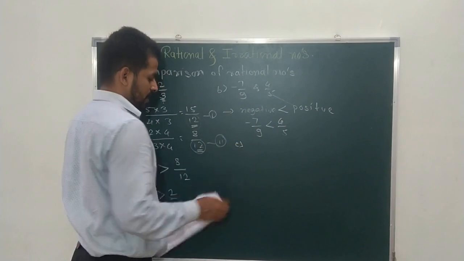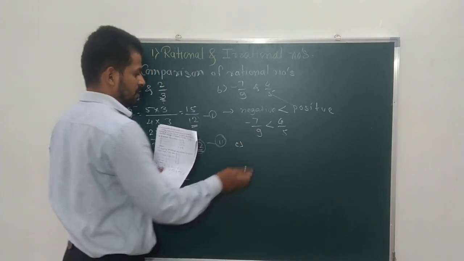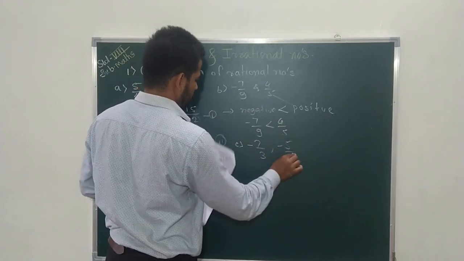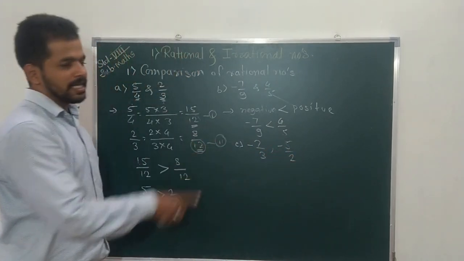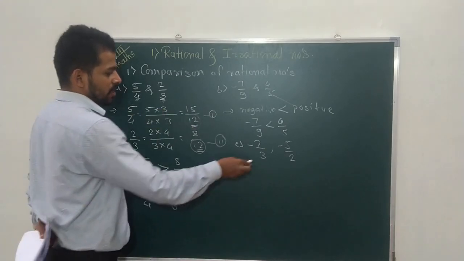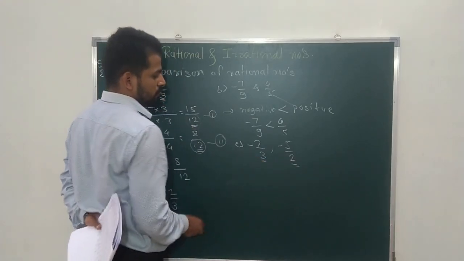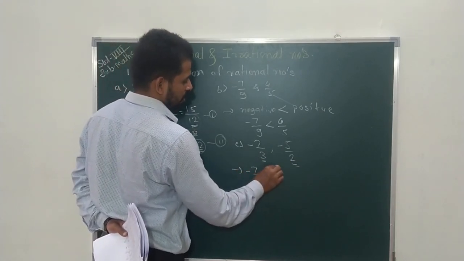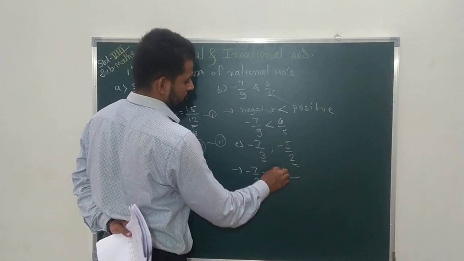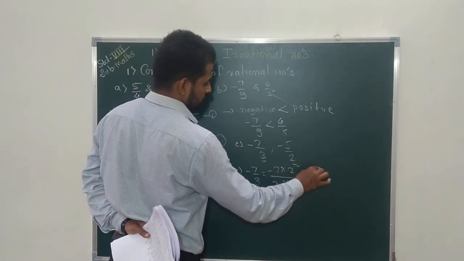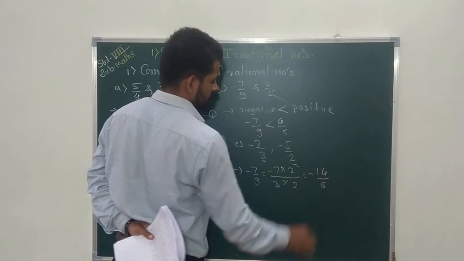Next one, that is C: minus 7 upon 3 and minus 5 upon 2. Now here both are negative, so we have to follow the same steps. Here the denominators are not the same, so first we have to make the denominators the same. Minus 7 upon 3 as it is, we multiply by the second denominator, that is 2, so it is minus 14 upon 6.